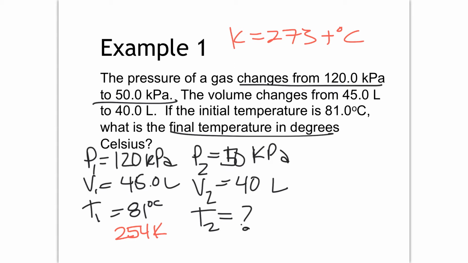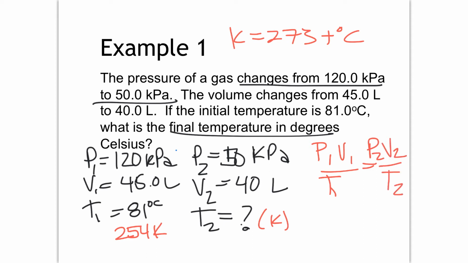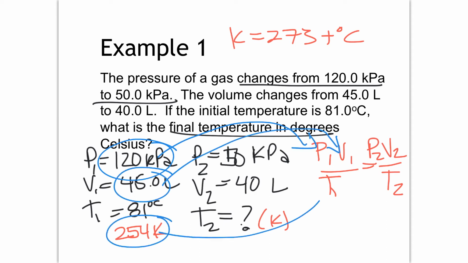So we're going to solve for it, and this is going to be in degrees K. And then I write my general equation here, and then I can now just put the variables where they go.